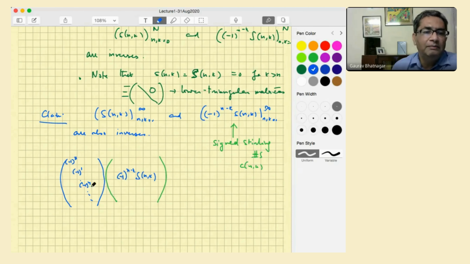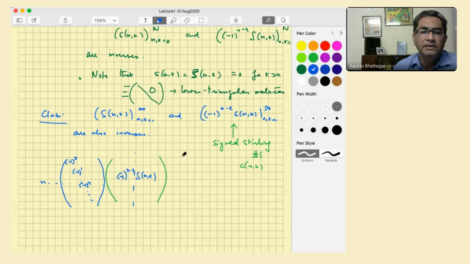So suppose I multiply it, what happens? I multiply this, the nth row, with this. The nth row term gets multiplied by minus 1 raised to n.